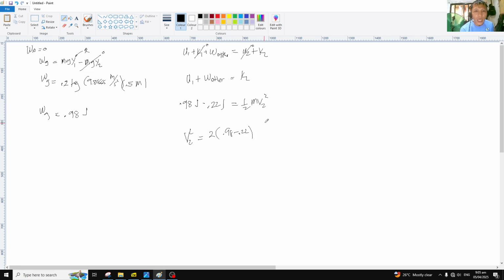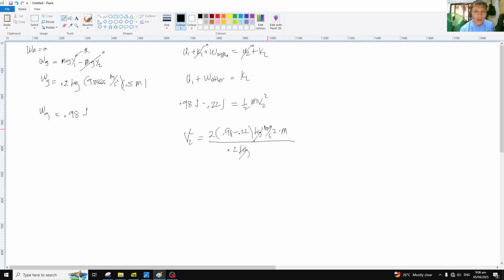So, J is Newton meter. So, that would be kilogram meters per second squared times meter. So, that is Newton meter, the joule. Okay? And then, all over your mass, ini nga M. So, that mass is given to be 0.2 kilogram.